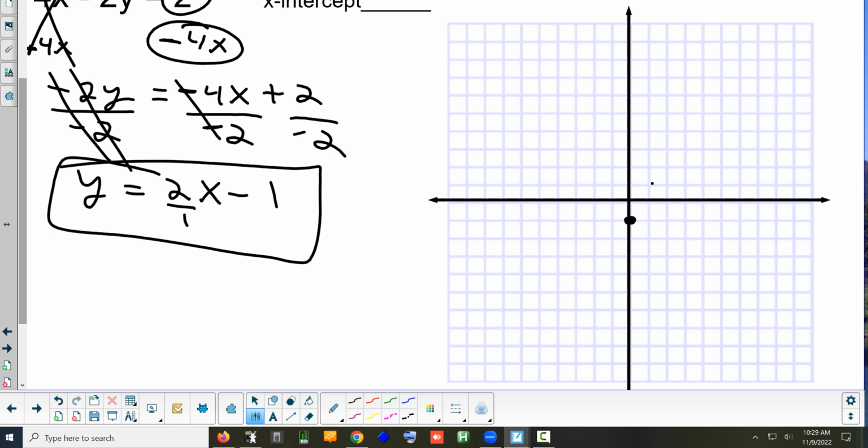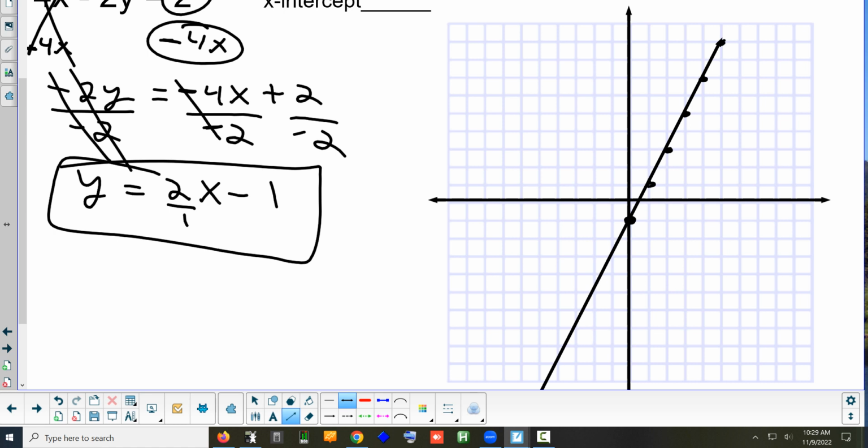So up 2, right 1. You can do it as many times as you want. And draw your line as best you can. Mine's a little off, but I'll fix it. That looks pretty good.